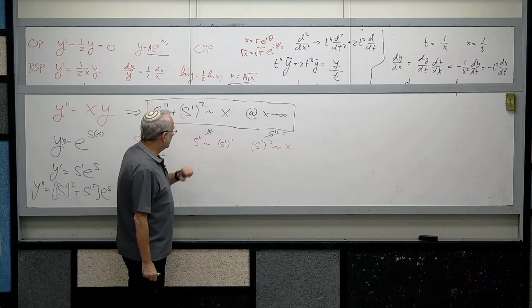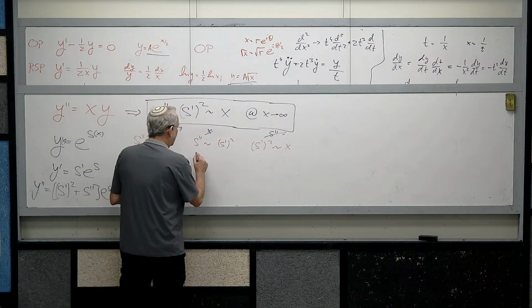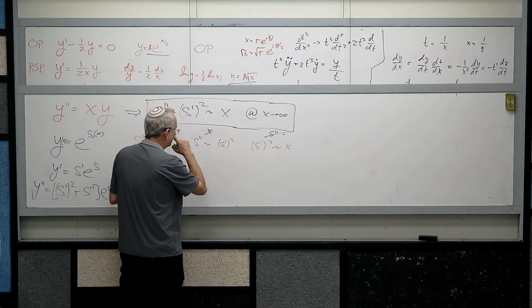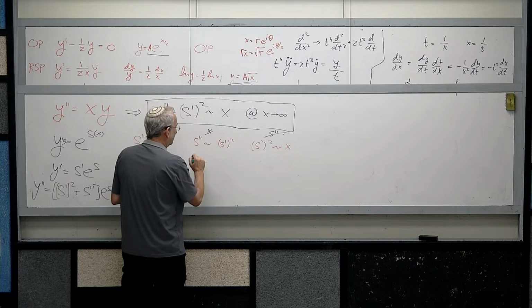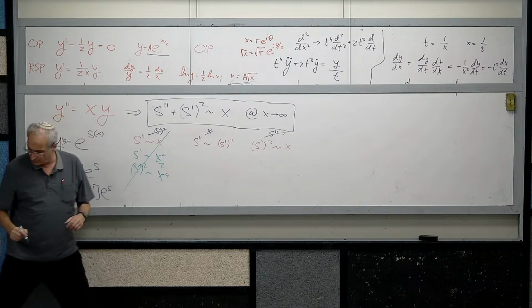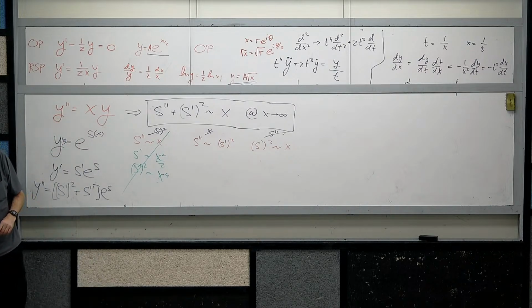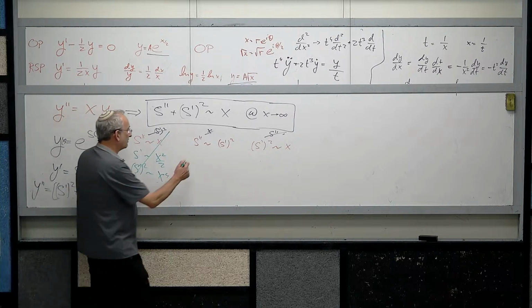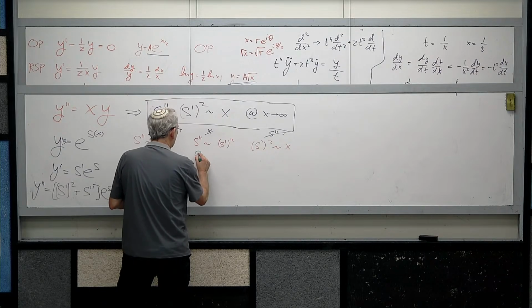So s double prime is going like s prime squared. So I define q as s prime.